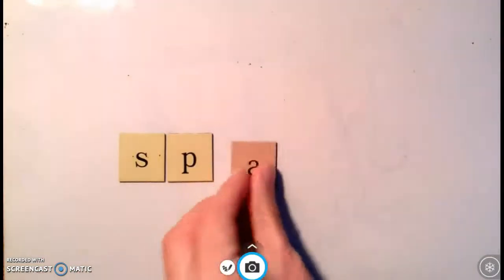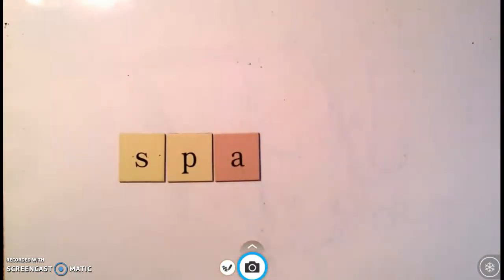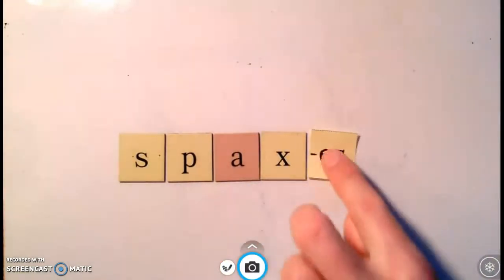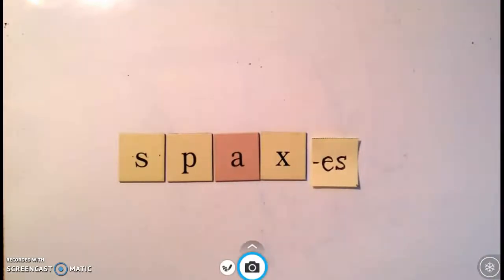Okay, this next word is not a real word, and I want you to try it on your own by tapping the sounds out and separating the base word from the suffix. Okay, try it out on your own.